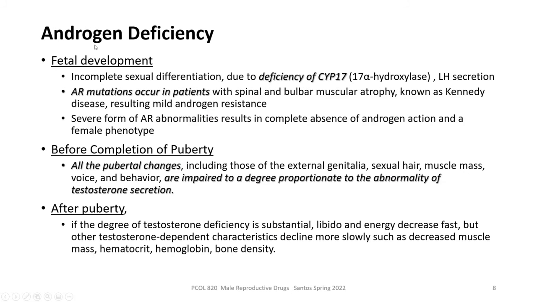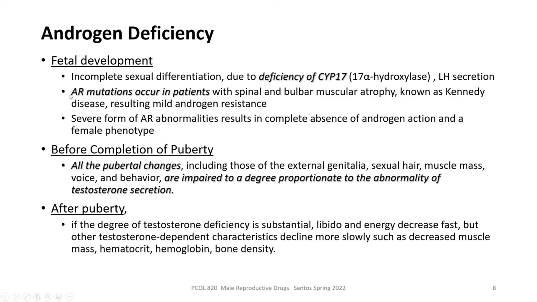So what happens when you have androgen deficiency? If it's during gestation, fetal development will be compromised by an incomplete sexual differentiation due to a deficiency in that enzyme that we saw, 17-alpha hydroxylase.